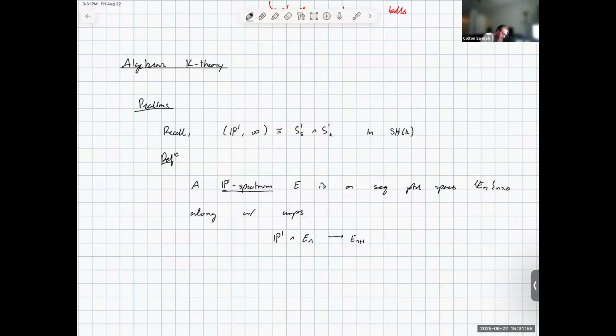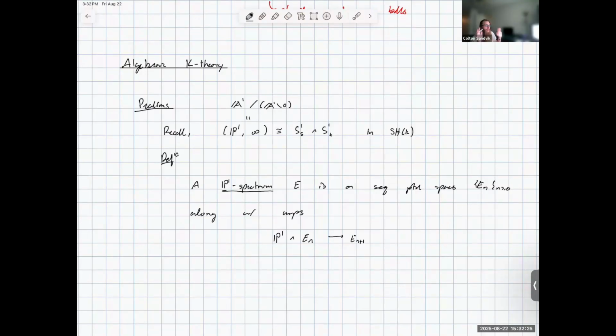Sure. This certainly is also equivalent to A1. I just wanted to point out that this P1 may look new, but we have encountered it beforehand as a Tate sphere, as a suspension with this T thing.